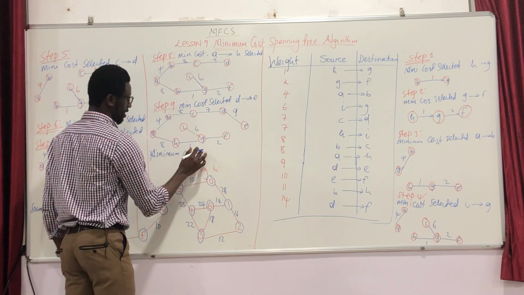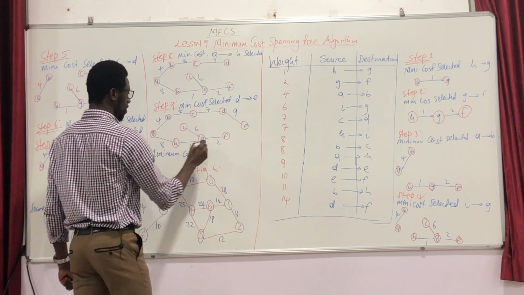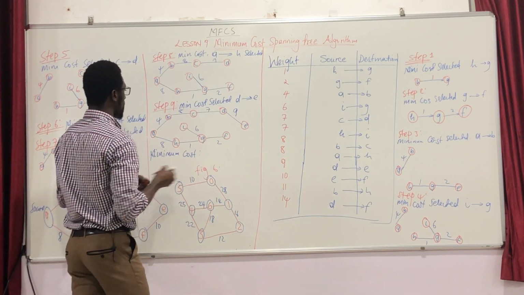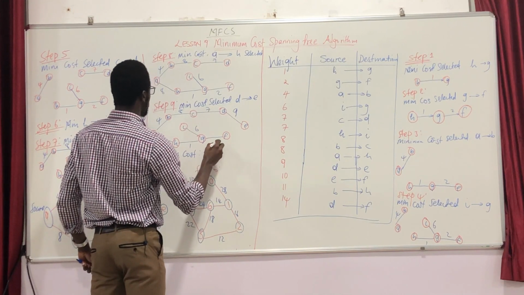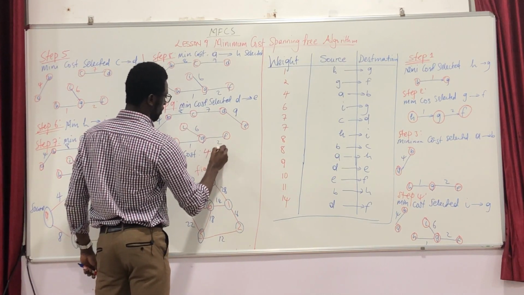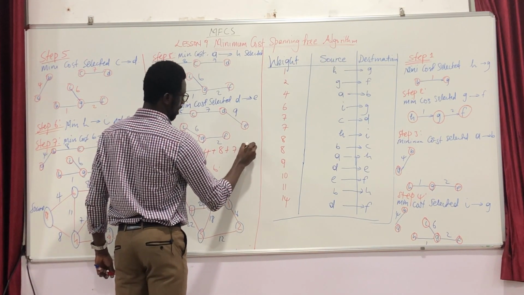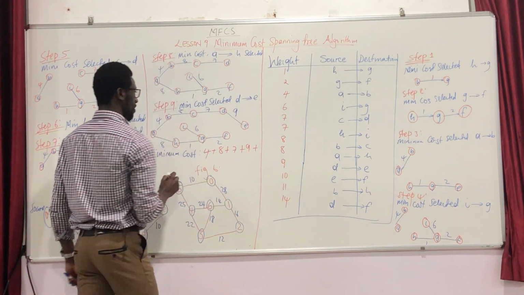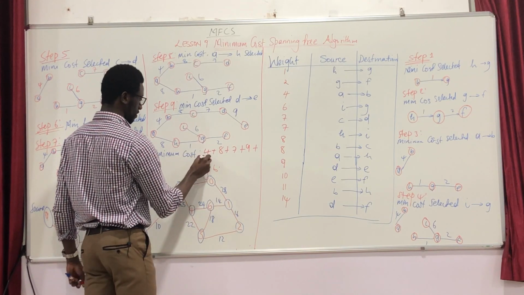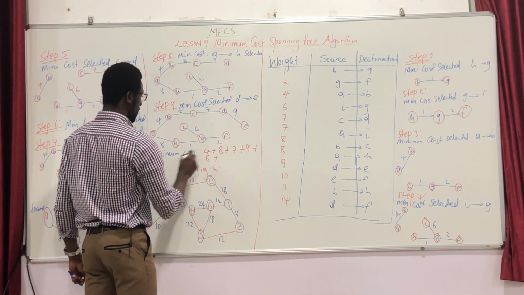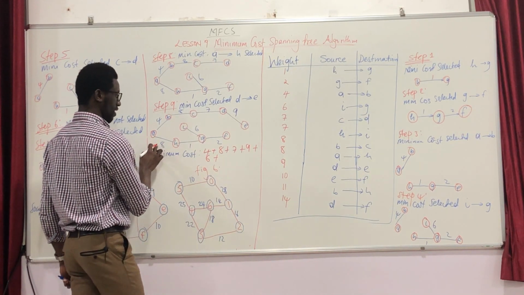Minimum cost of this spanning tree is, then we'll add 4 plus 8 plus 7 plus 9 plus 6 plus another 8.